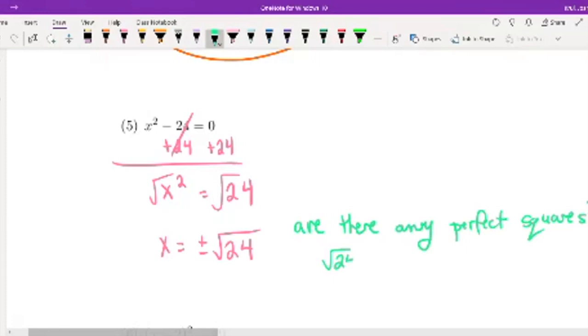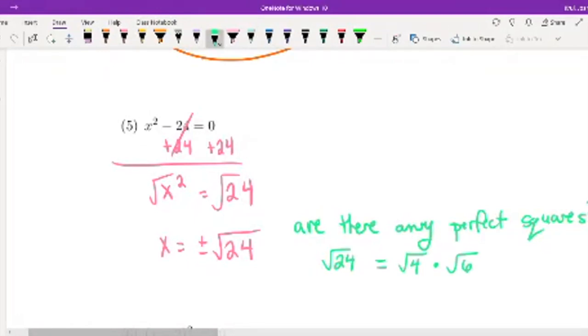So 24 can be separated into maybe the square root of 4 times the square root of 6, because 4 times 6 is 24.